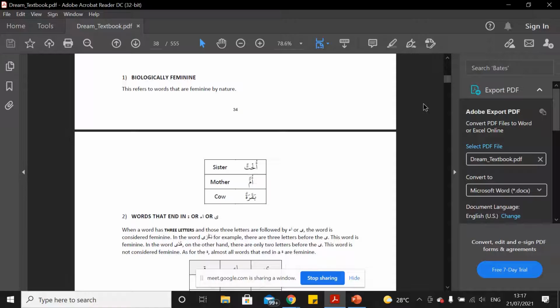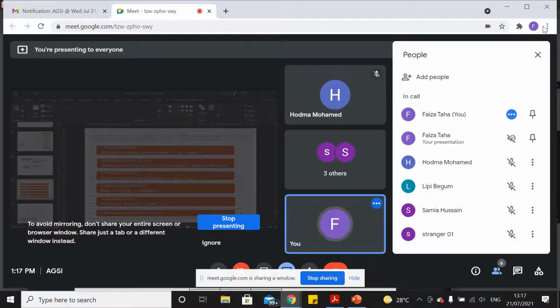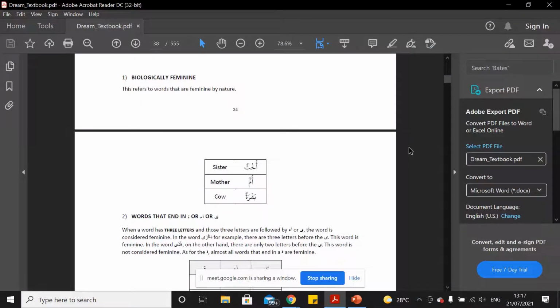So is everybody clear on biological feminine? What does it mean by biological feminine? Sister Lippy: Biological feminine like sister, daughter, mother. The words that are feminine by nature. Like we know cow is a biologically feminine word, because we have cow and we have bull as male.